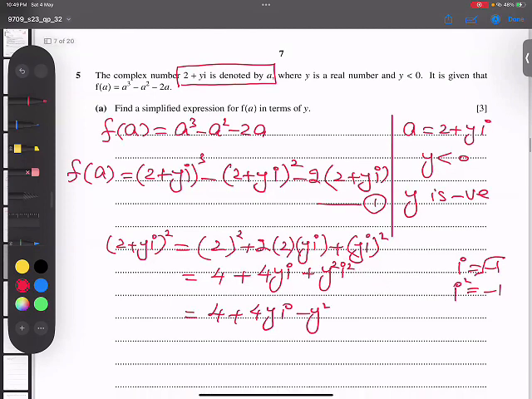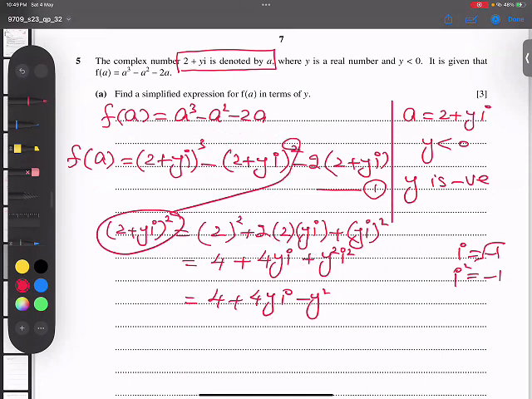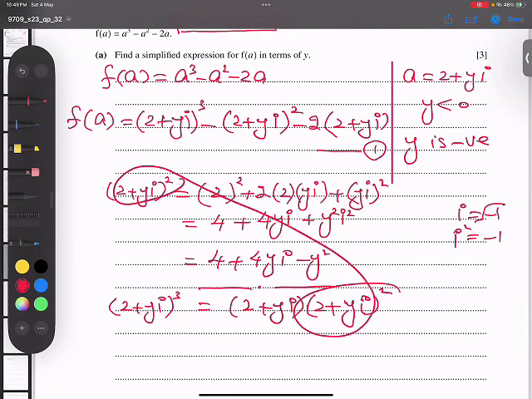Okay, so this is the value of this part, but I need the cube also. Why not multiply this answer with A, for example, 2 plus y iota whole cube, which I'm looking for. Can I say 2 plus y iota, square? Sorry, 2 plus y iota times this answer, which I just got.